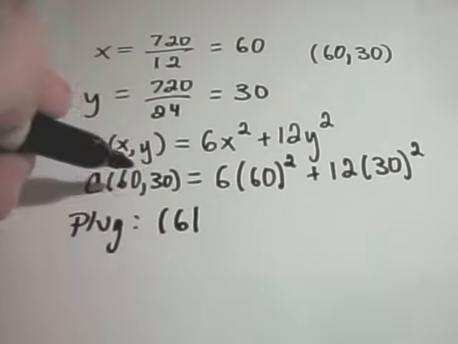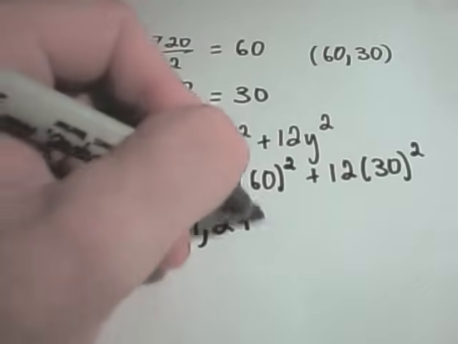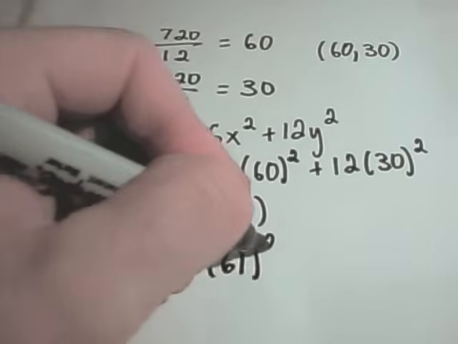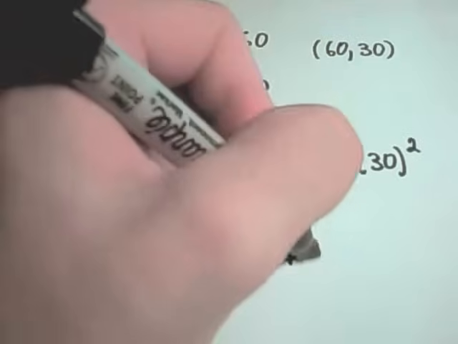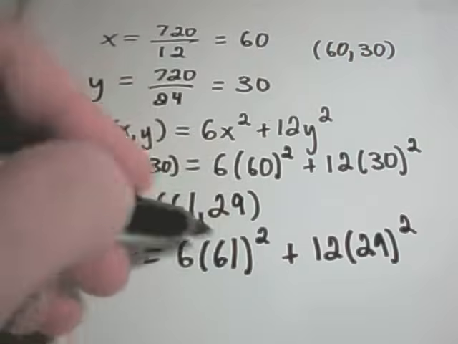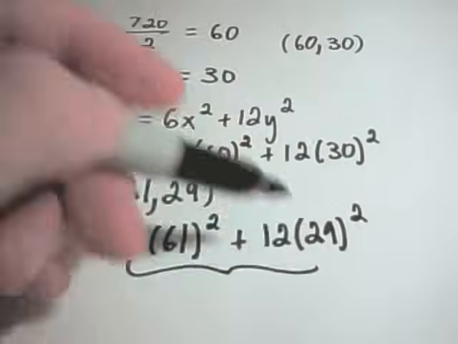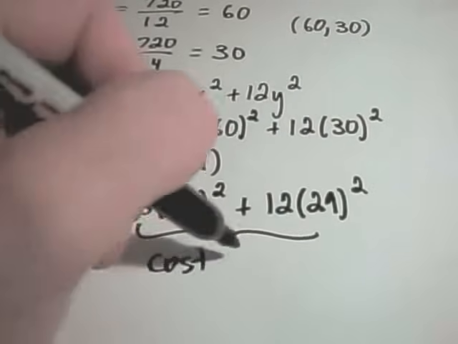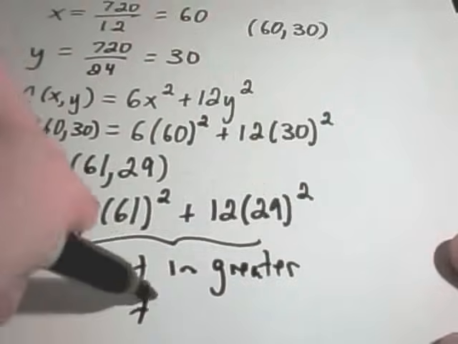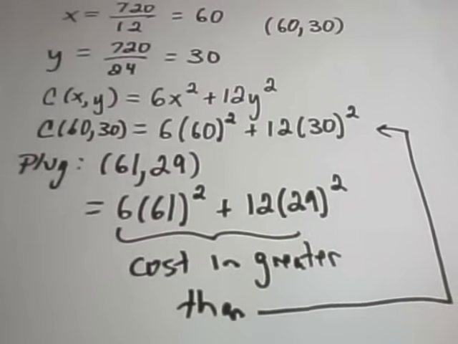Maybe you make 61 TV sets from factory A, which means you only make 29 from factory B. Plug that into this cost equation, and you'll find that the cost when you plug in 61 and 29 is greater than the cost we found up here when you plug in 60 and 30.